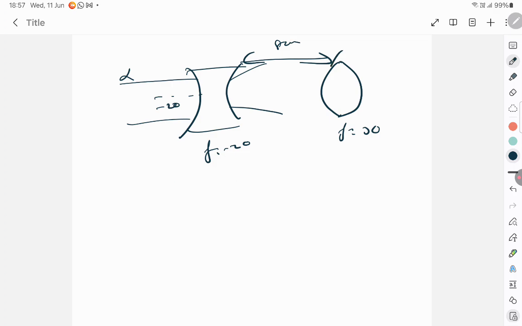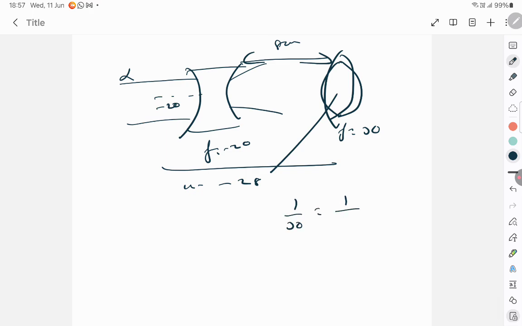So minus 28, when compared to the second lens, will be the object distance for the second lens. For the convex lens, the focal length is 30, so 1 by f, 1 by 30, is equal to 1 by v minus 1 by u, where u is 28.